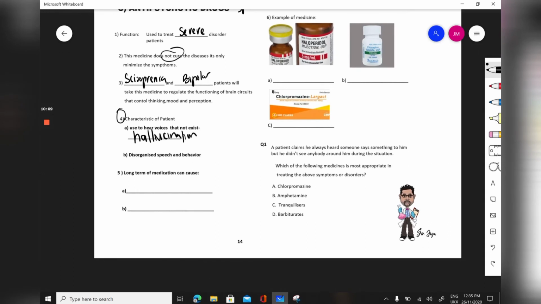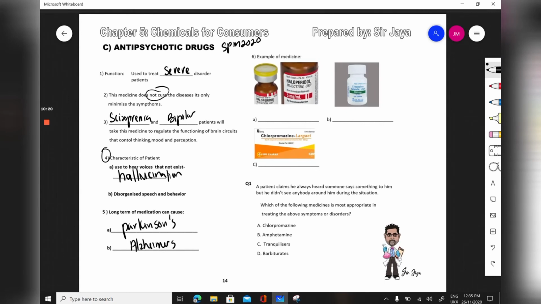Long term taking of this medication can cause Parkinson's and Alzheimer's. And for examples of medicine, we need to remember 3 types. Number 1 is haloperidol. Number 2, clozapine. And number 3, chlorpromazine.